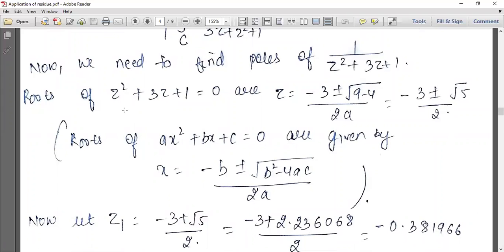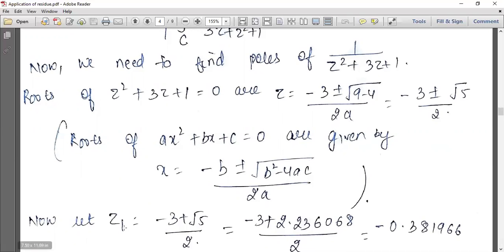Here a is 1, b is 3, and c is 1. So z will be minus b, that is minus 3, plus minus under root b square, that is 3 square, which is 9, minus 4ac. a is 1 and c is also 1, so this will be 9 minus 4, divided by 2a. a is 1, so I will be left with this.